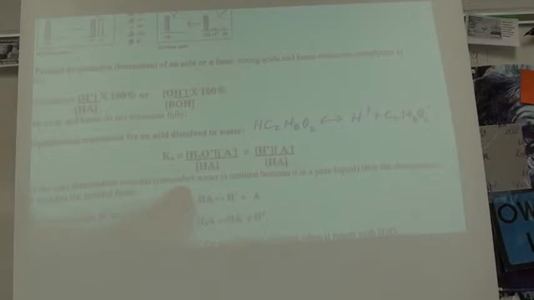It is only appropriate for a weak acid. A strong acid goes all the way to completion. If you know the starting concentration of a strong acid, you know the concentration of the H plus and the anion, yes? So a Ka value is only for a weak acid.